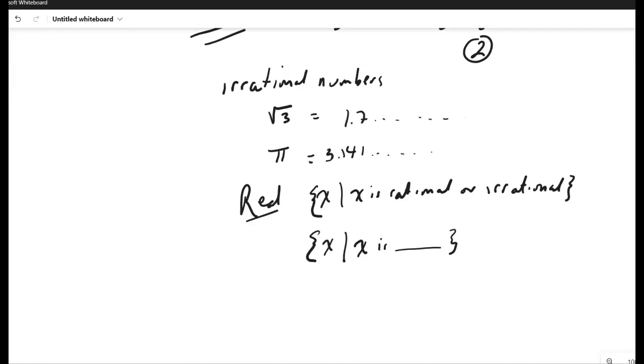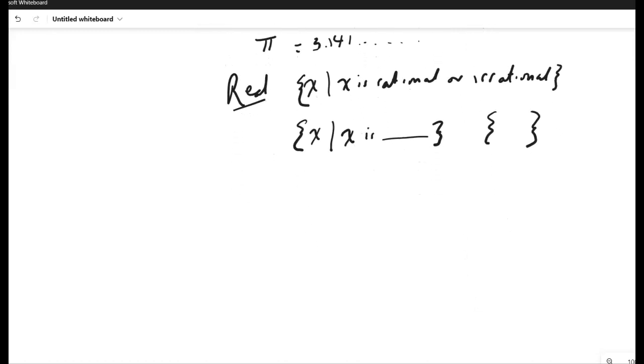Just don't be frightened by the notation. That's kind of sloppy. This should be a bracket. But eventually they just end up looking like squiggles because people get lazy with them. So I'll let you read through the chapter. The remainder of it talks about ordering the real numbers using the number line.